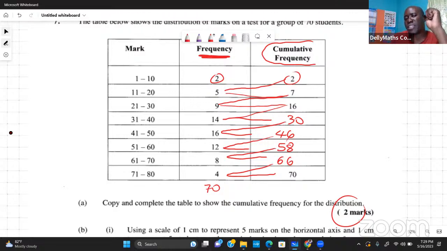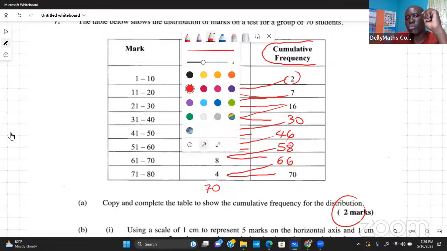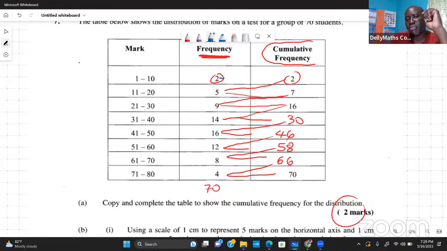So for the cumulative frequency, let me change this to blue. You would have started here with that number, the first number you start with. Then you take that number and add it to the one below. So the 2 plus the 5 gives you 7. See that? Then you take the 7 and add to the frequency below. 7 plus 9, 16. Then you take that 16 and add to the frequency below. 16 plus 14, 30.